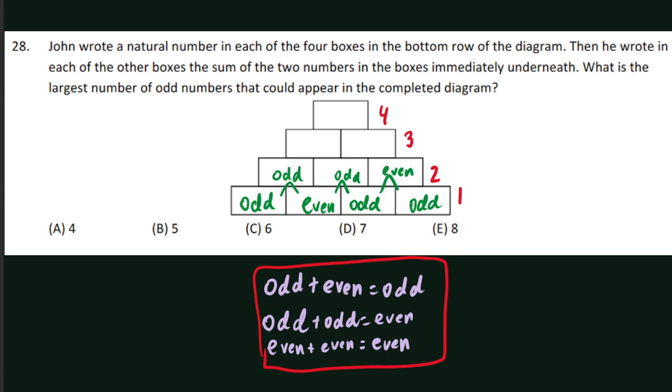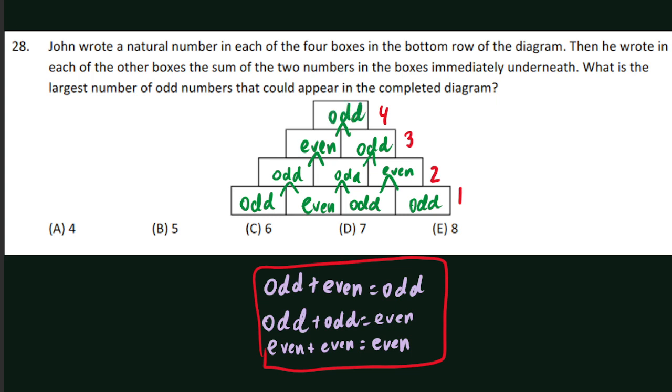The reason I've done this is because for this we get an odd number and an even number. So that means we get an odd number in the top box. So when adding these 2 we get even, and when we add these 2 we get an odd number. And when we add the numbers in row 3, we get an odd number.